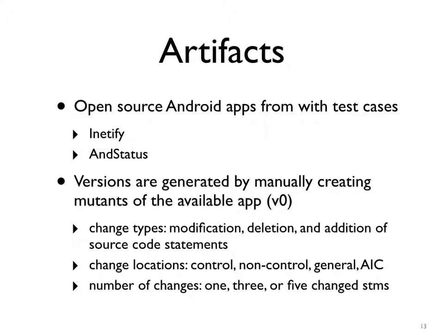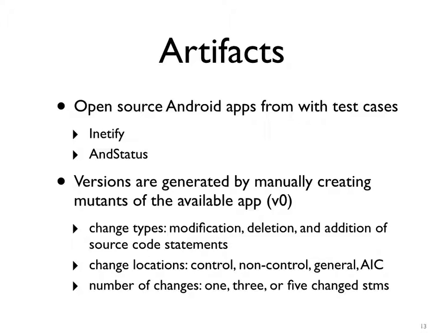When creating mutants, we consider a broad range of changes that could be applied to the code: change type, change location, and number of changes. The change types include modification, deletion, and addition of source code statements.